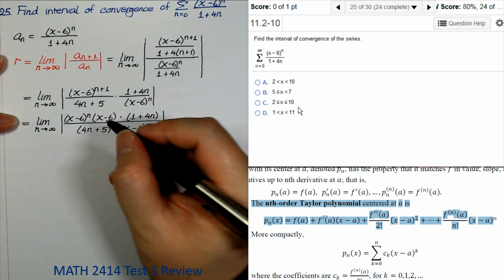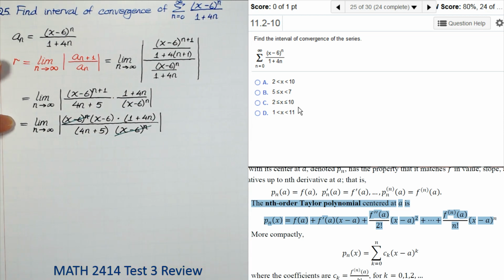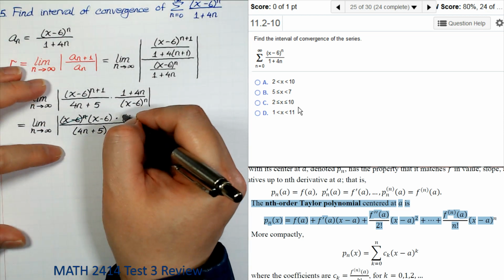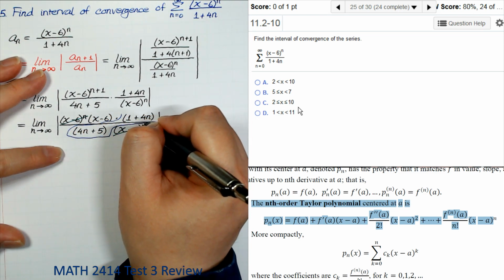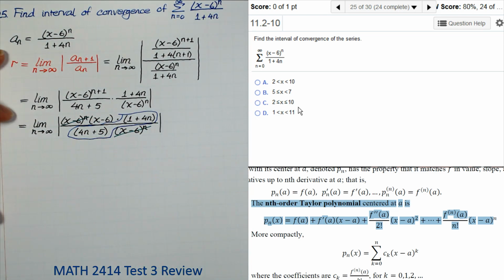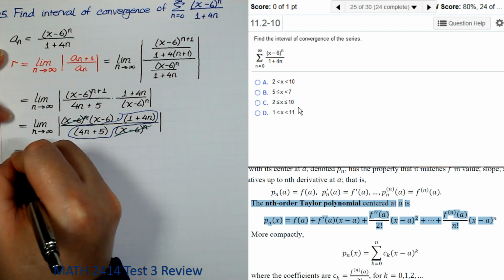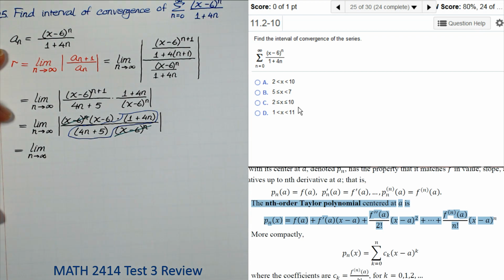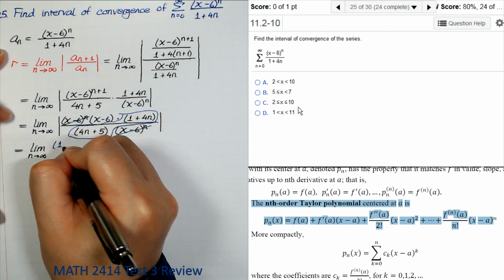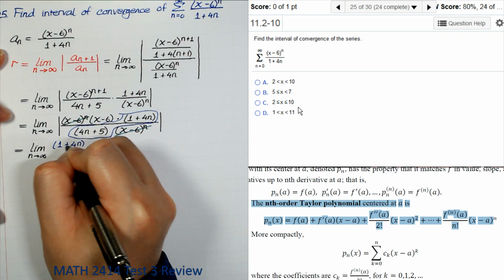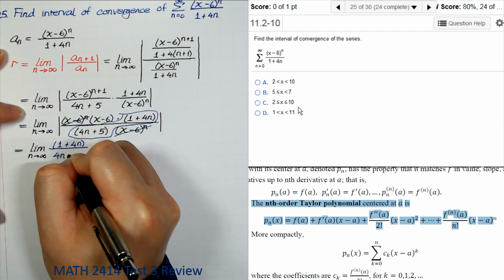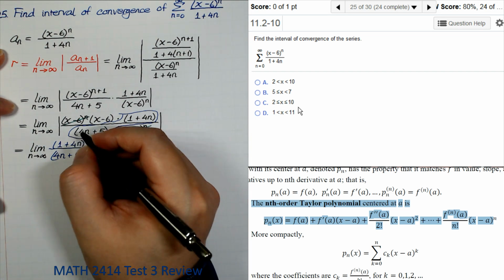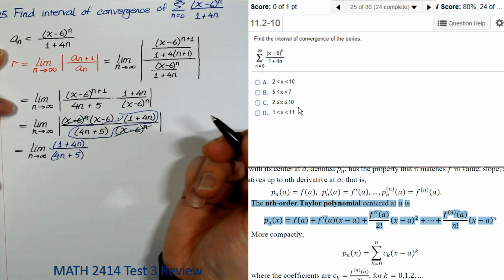Let's simplify. Now, I'll put these two together. And then what's left is just x minus 6.